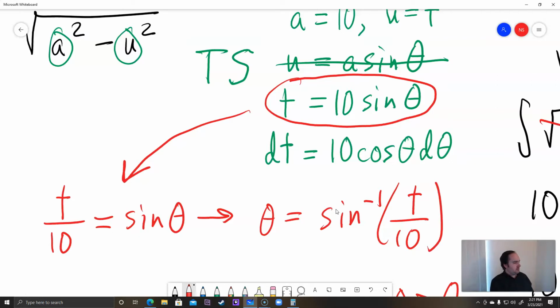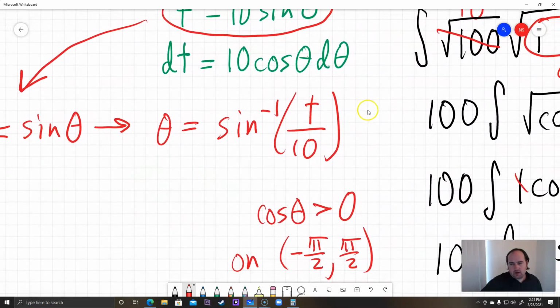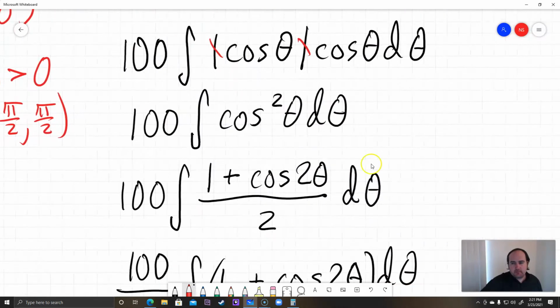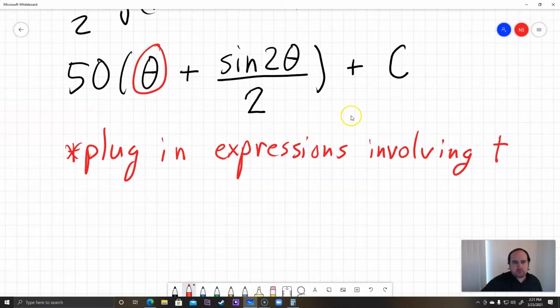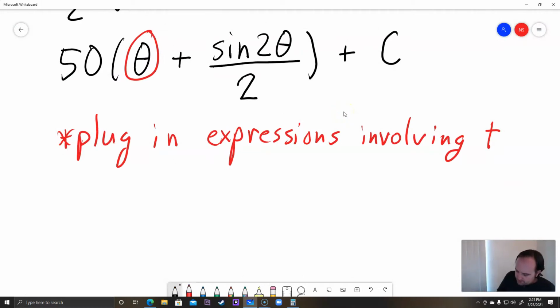Okay. Let me just check to make sure I'm in the right part here. Yeah, we're good. All right, so theta equals sine inverse of t over 10. For that one, you don't actually have to draw a right triangle yet. I'm going to go ahead and distribute this 50 to each term.